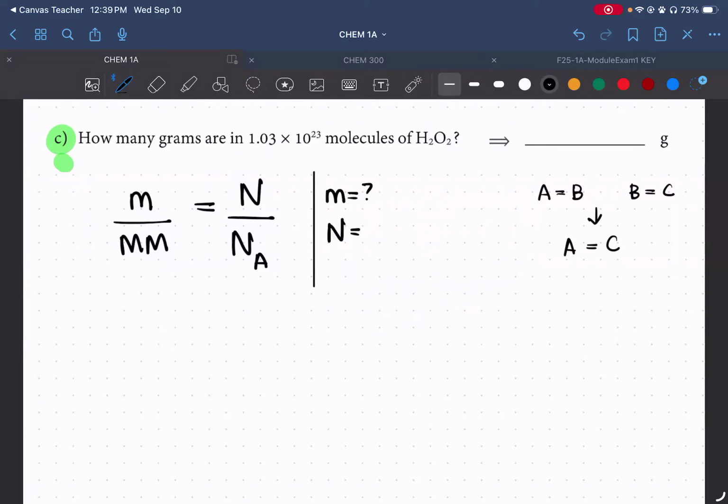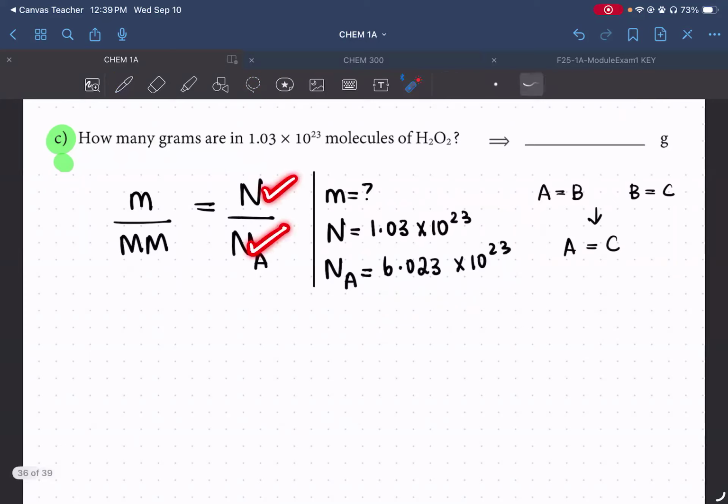We know the number of particles, the number of molecules is 1.03 times 10 to the 23. We know Avogadro's number, that's a constant, that's 6.023 times 10 to the 23. Check, check. That's what we're trying to find. All that's left, of course, is the molar mass. We can calculate that ourselves.